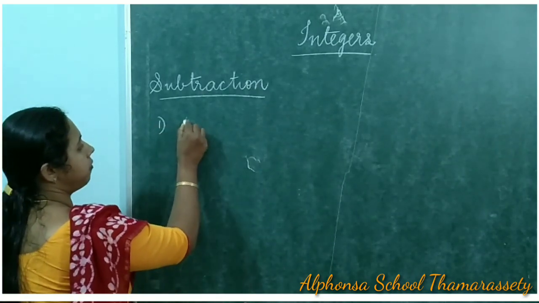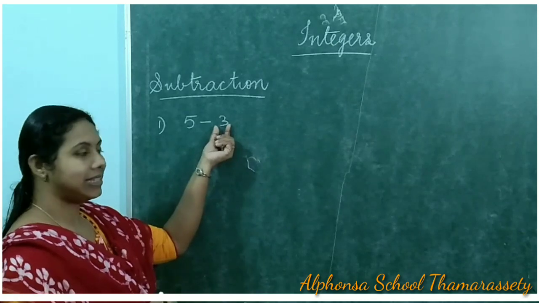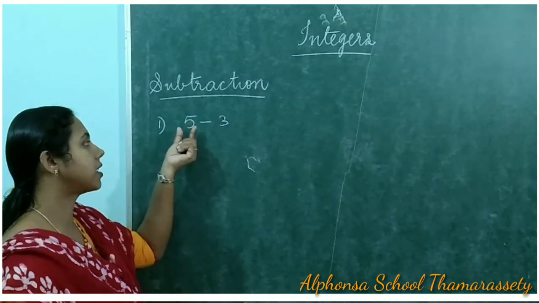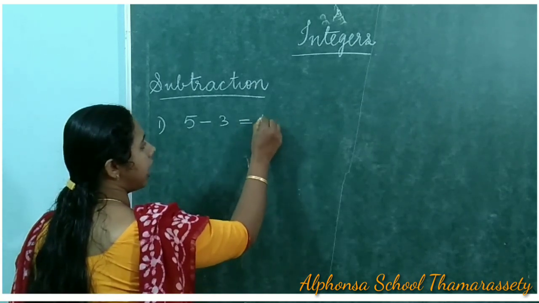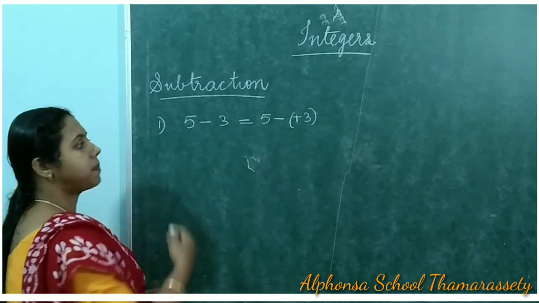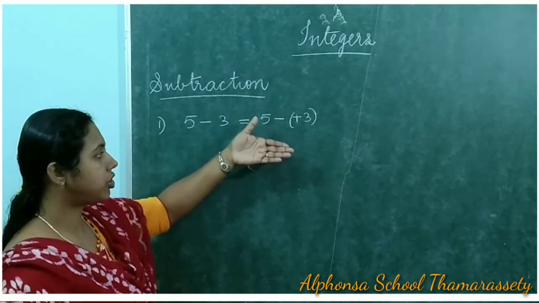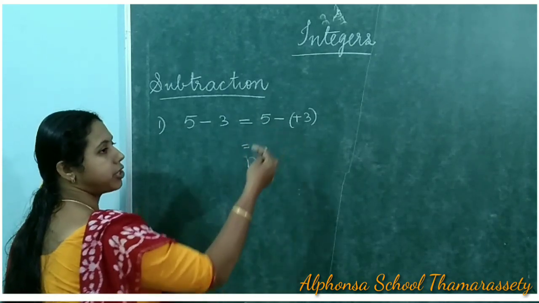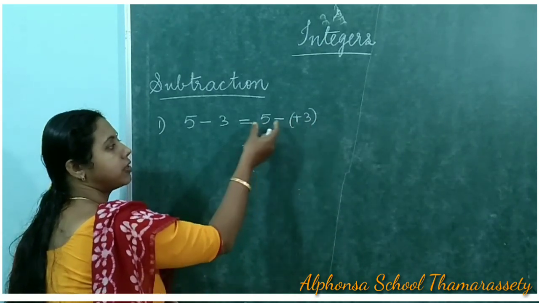First one, 5 minus 3. That means we want to subtract the integer 3 from integer 5. Here the positive integer 3 is subtracted from the positive integer 5, which means 5 minus positive 3. We change the subtraction to addition by adding the additive inverse of the second number to the first number.